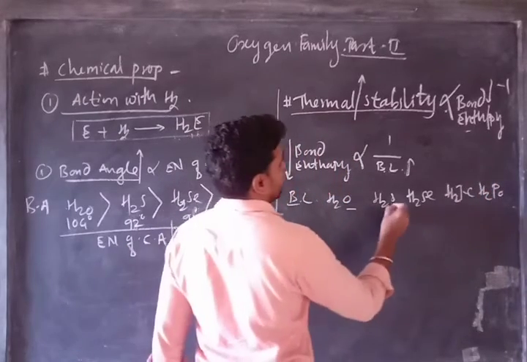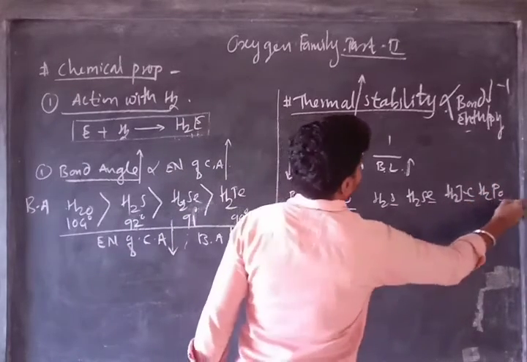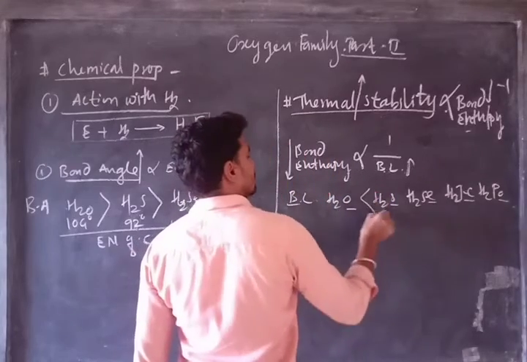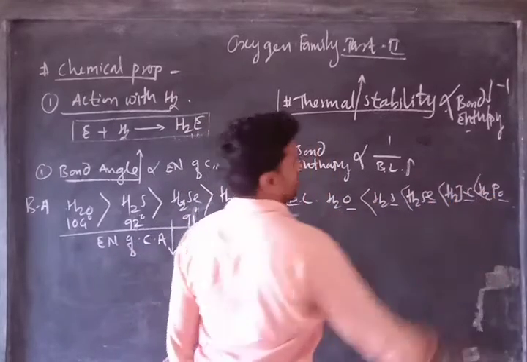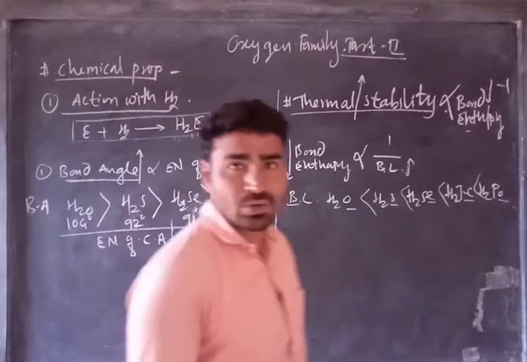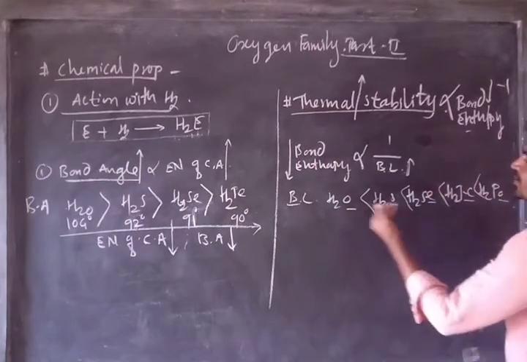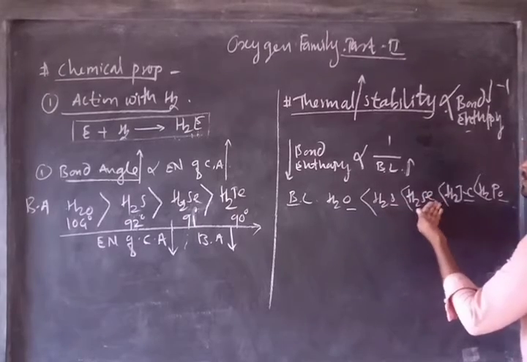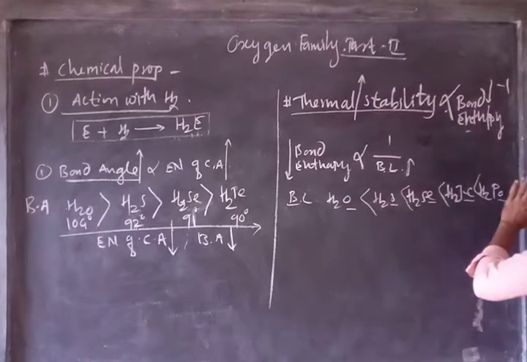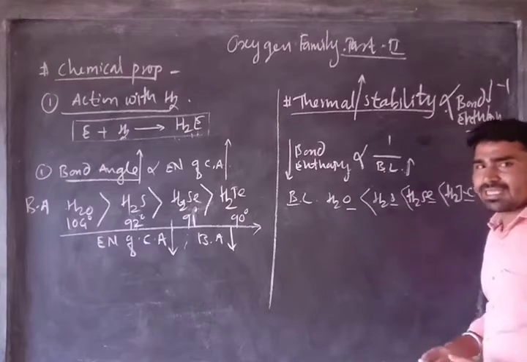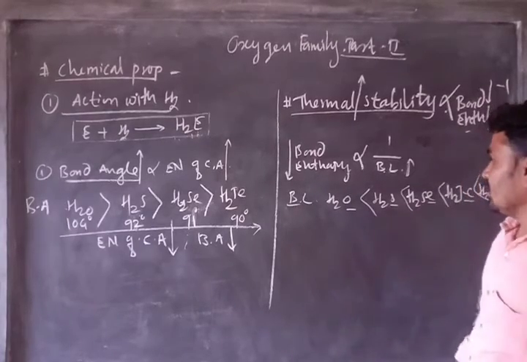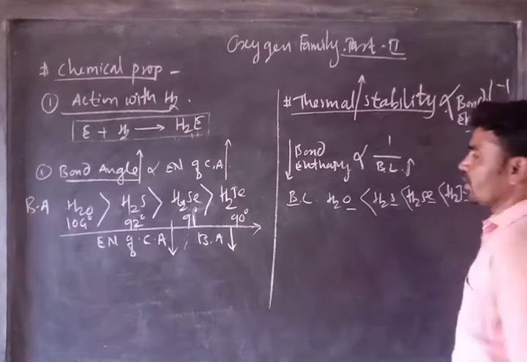Obviously the size of the central atom increases, so the bond length must increase. Hydrogen has a similar size, but oxygen is smaller than sulfur, and sulfur is smaller than selenium, so we can guess that if the size of the atom increases, the bond length also increases. So this is the order of the bond length.